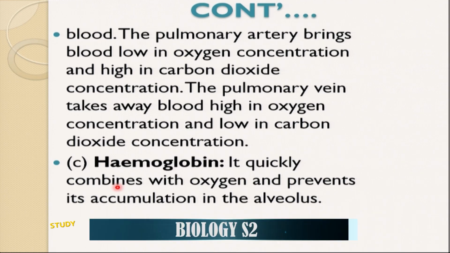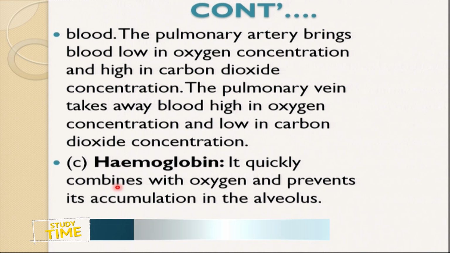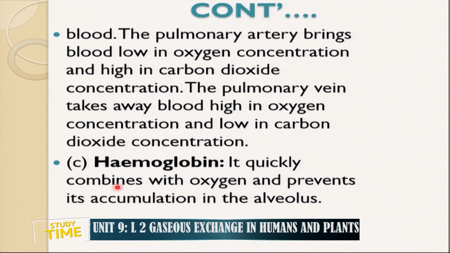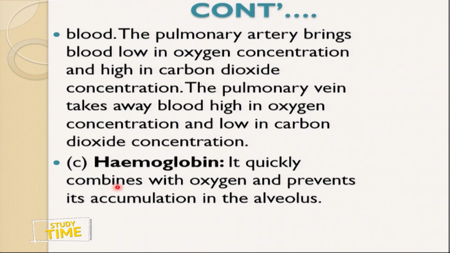The pulmonary artery brings blood low in oxygen concentration and high in carbon dioxide concentration. The pulmonary veins take away blood high in oxygen concentration and low in carbon dioxide concentration. So the pulmonary artery brings deoxygenated blood, while the pulmonary vein brings oxygenated blood. That is the common difference.